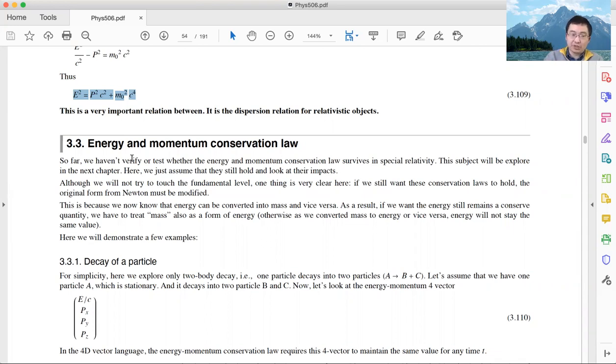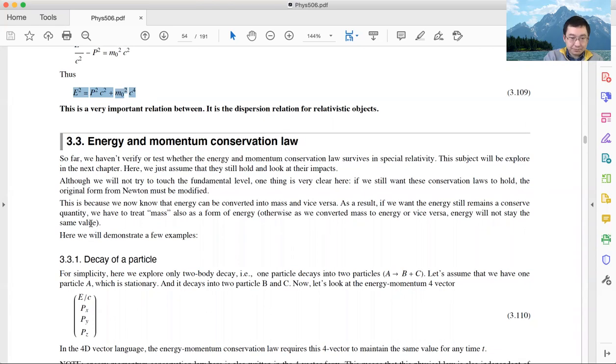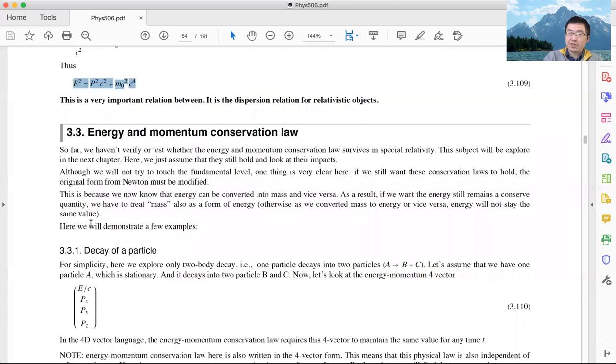We will demonstrate it using several examples. The most important difference between the energy and momentum conservation law in special relativity and in Newtonian physics lies in the fact that, as we just mentioned, in special relativity, energy and mass can convert into each other. So we need to take that into account.